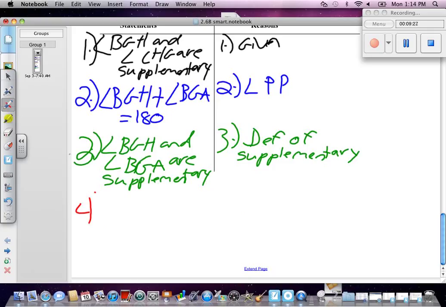And then angle BGA is congruent to angle CHG, handwriting is getting worse, by congruent supplementary.